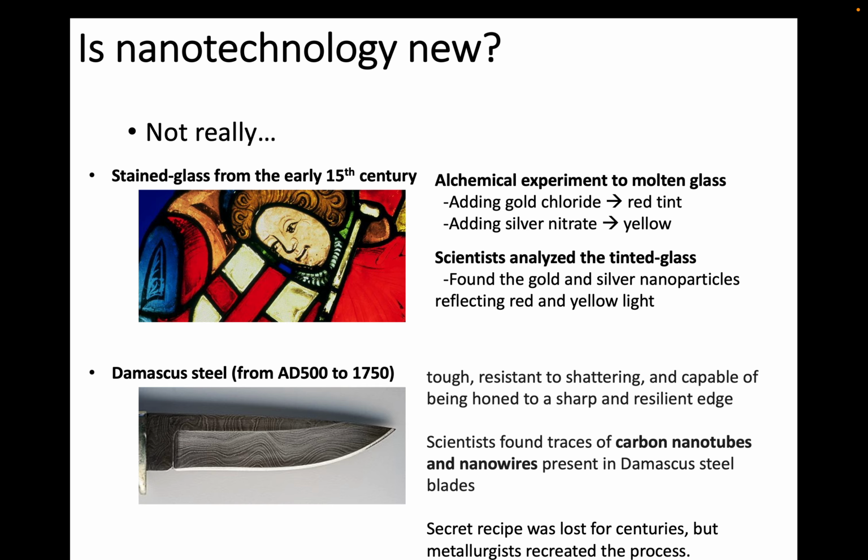The secret recipe was lost for centuries, but recently metallurgists recreated the process to make this Damascus steel, which has excellent properties, okay? Obviously, we don't know whether this recreated process is identical to the one used in old times, okay? But now, if you go to some Williams Sonoma, whatever, you can see this kind of knife, okay?